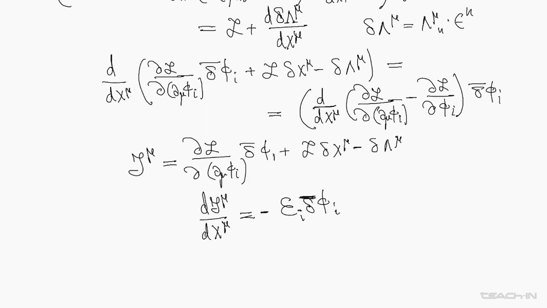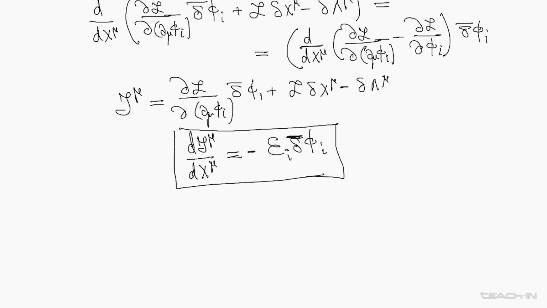The index n is introduced in the following way. Now if you plug in these variations explicitly, the variation of the form of the field, the variation of the coordinates and the variation of lambda mu, then you will see that since the parameters epsilon n are independent, for each of these parameters you will have a conserved current.